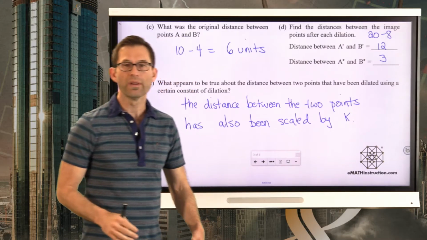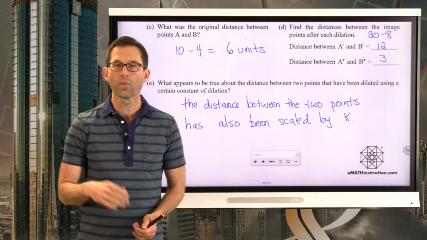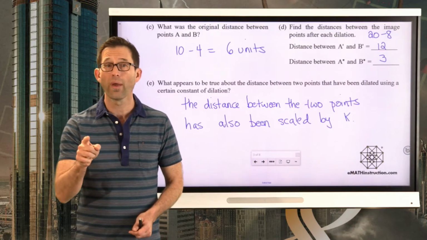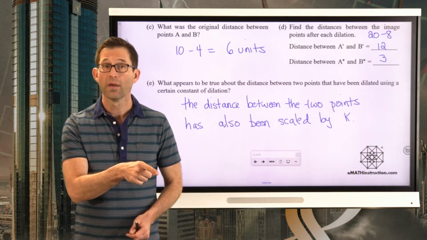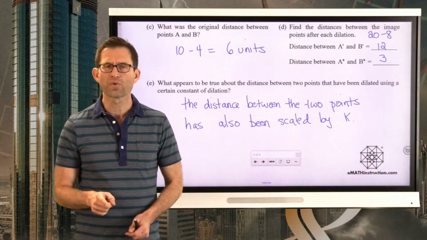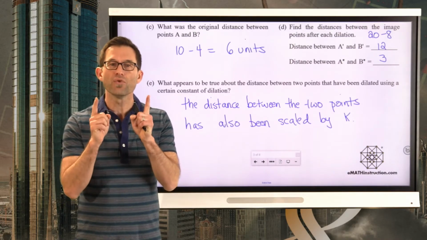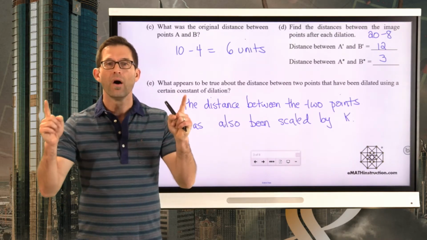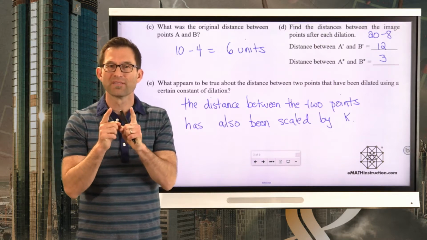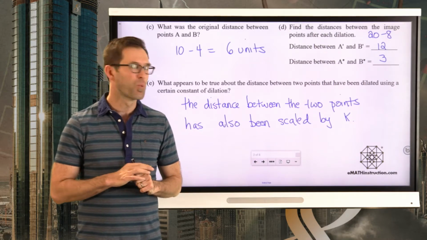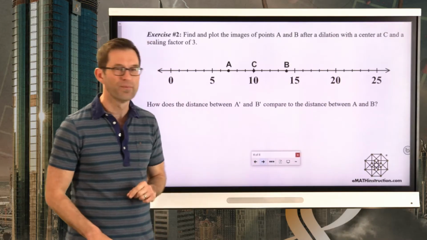And that's not necessarily obvious, right? Here we've scaled the distance between a point and the center of dilation, but when we do it twice, strangely enough, the distance between the 2 points that we both dilated also gets scaled by the same amount. Let's keep working with that, see if it continues to hold.